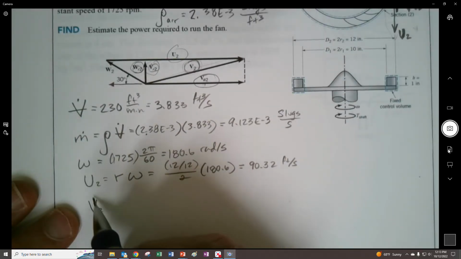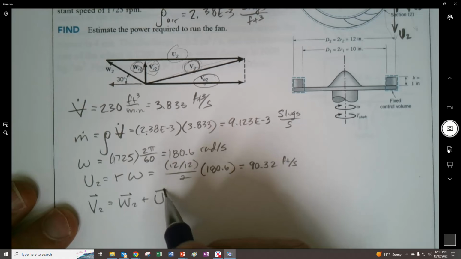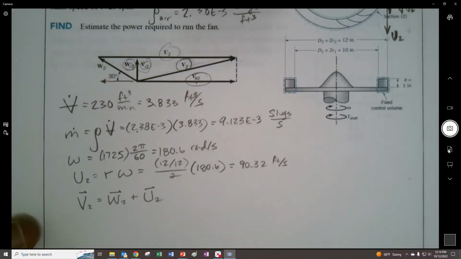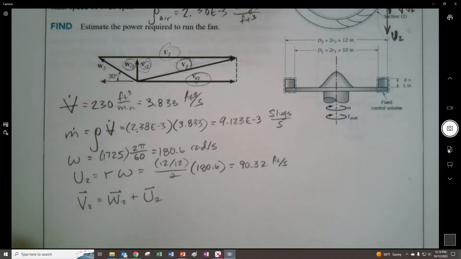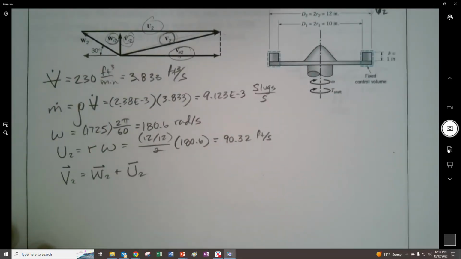Or just write V2 is equal to W2 plus U2, right? And once again, this is not always going to be a standard thing. You won't follow this exact example every time. It depends on the application, all right? It even depends on some of the ways the vane is shaped, because it might not be shaped that way. So just be aware.